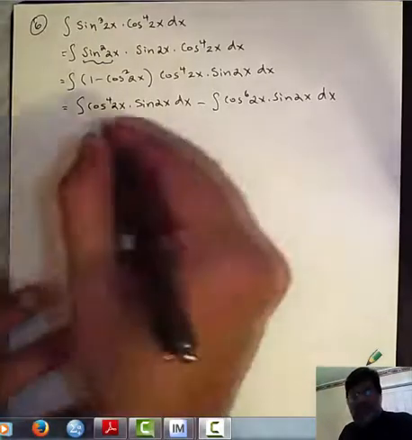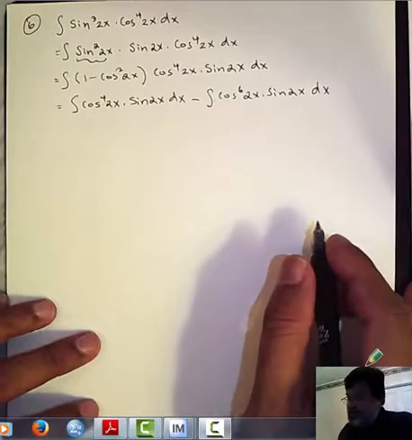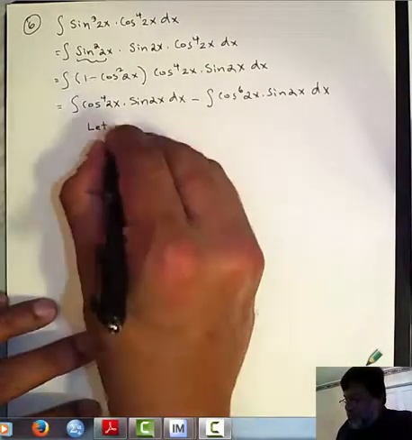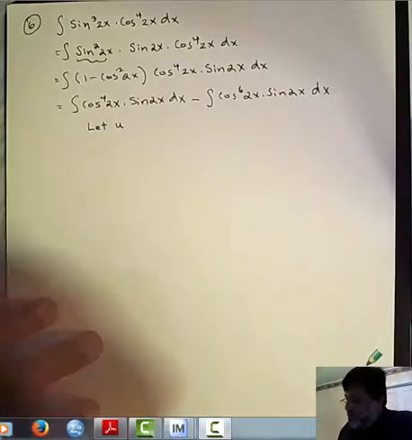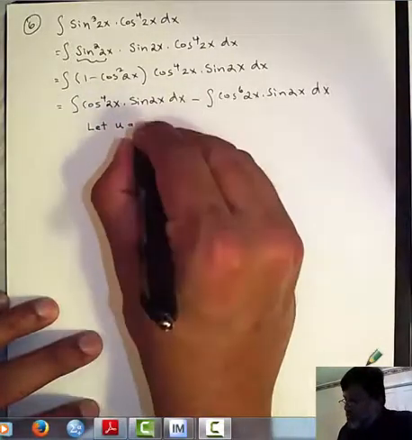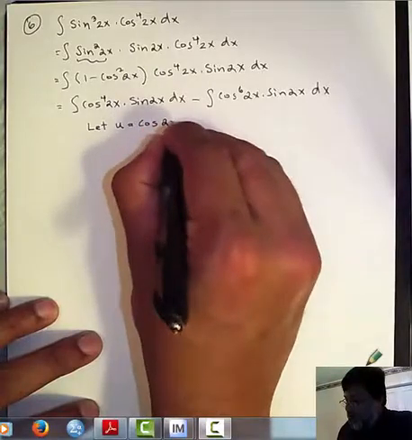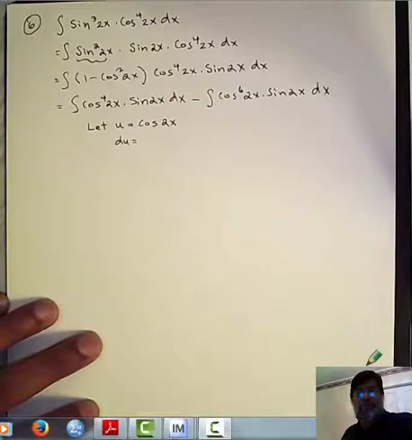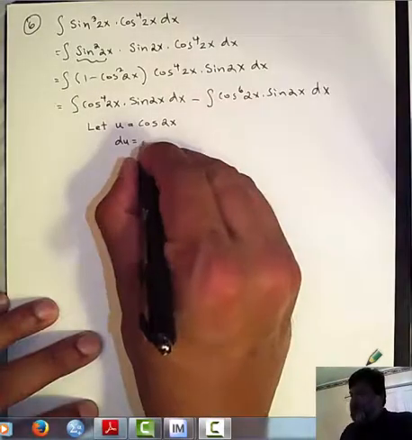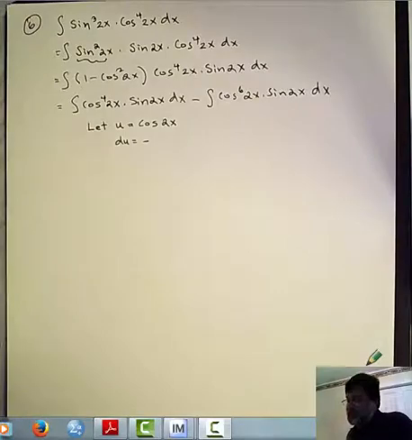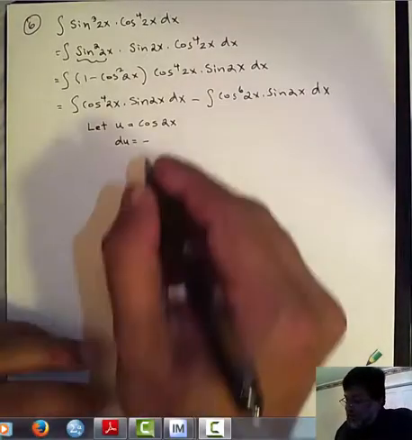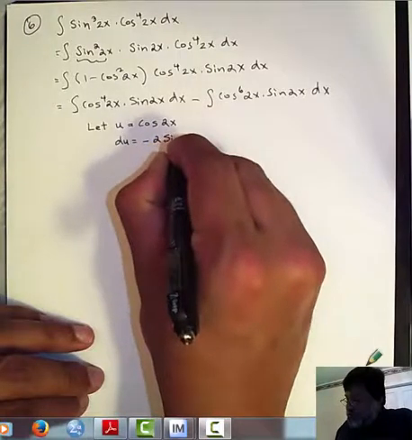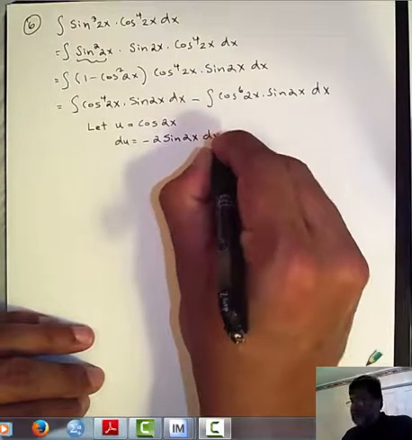What if we let u be cosine of 2x? What would we get for du? Positive or negative? Derivative of cosine is negative 2 sine 2x dx.